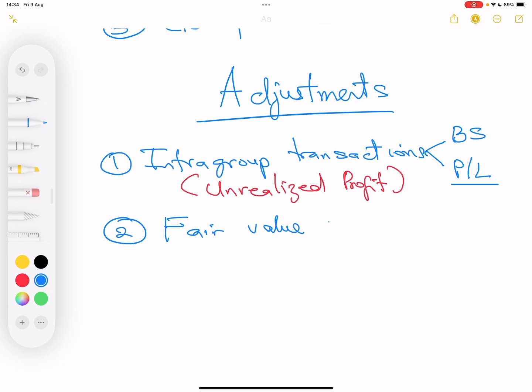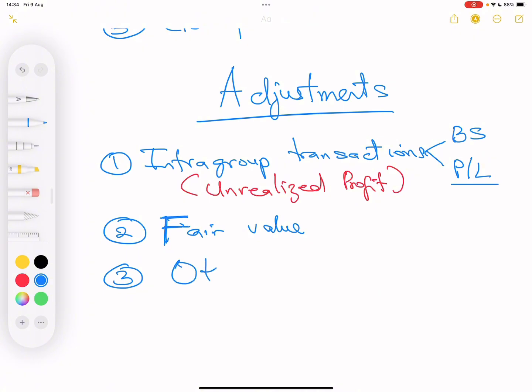And remember, what it's all about is at acquisition, you are required to value the net asset of the subsidiary at fair value. So sometimes if the fair value at acquisition is different from the carrying value, you need to make that adjustment because you need to use the fair value and not the carrying value. But we'll get to details later.